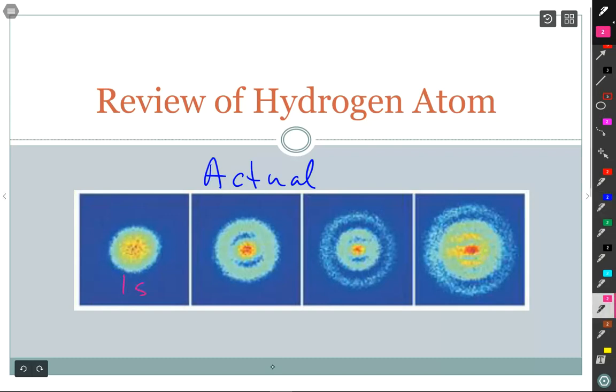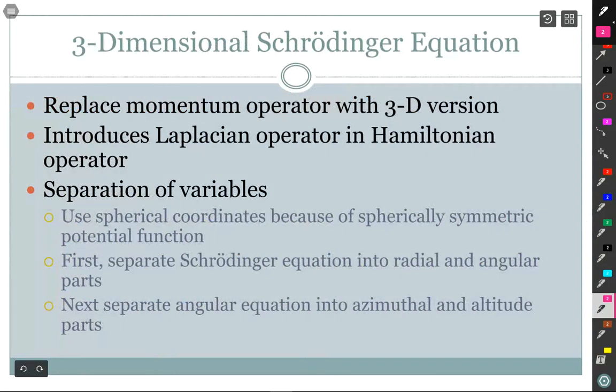I think this is 1s, 2s, and I think that's what these are. I grabbed these last year and didn't look them up to verify that that's what they are. But they're actual pictures imaging the electron densities.